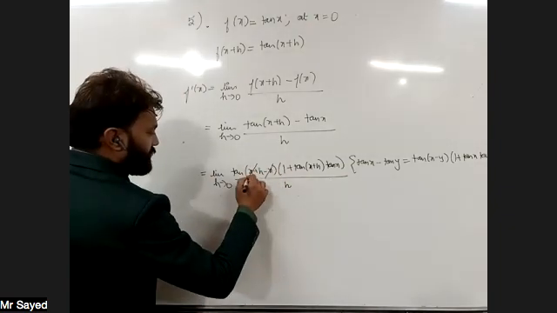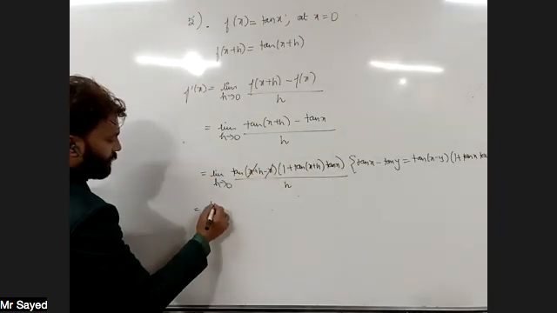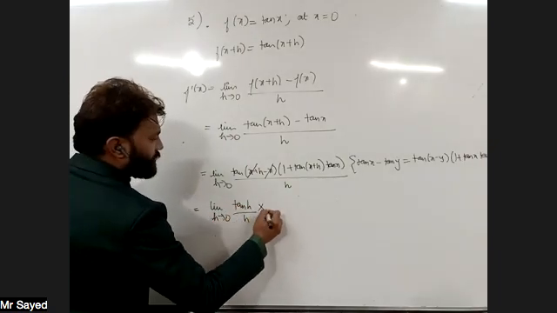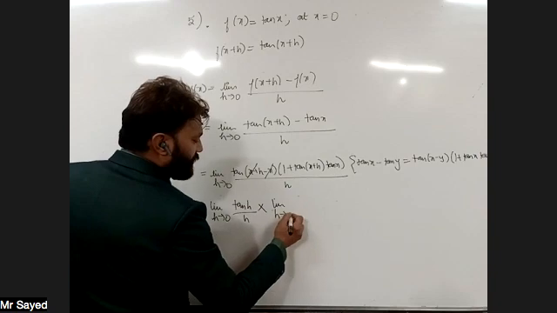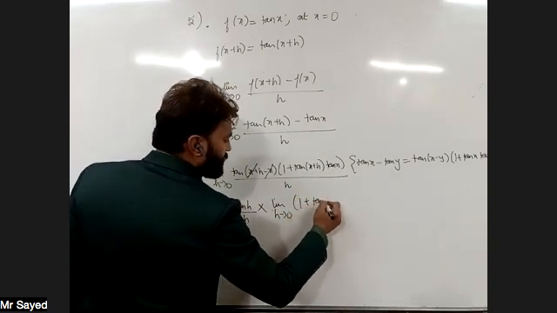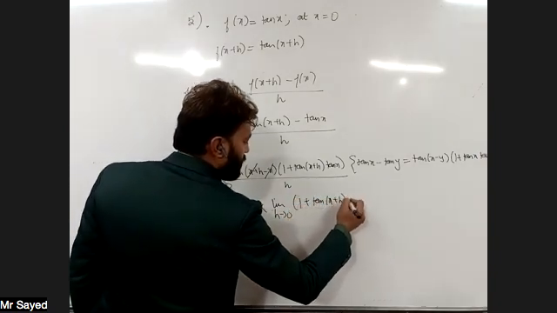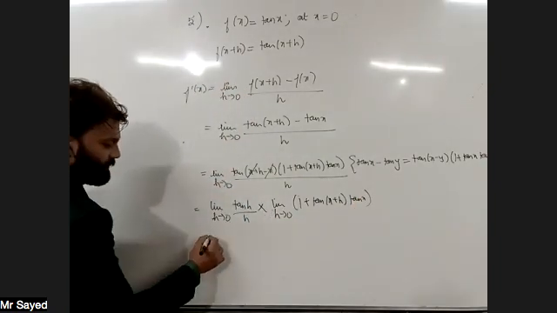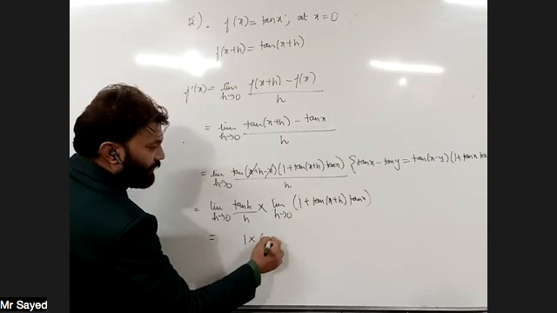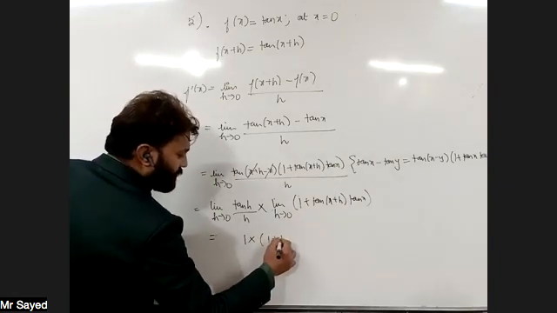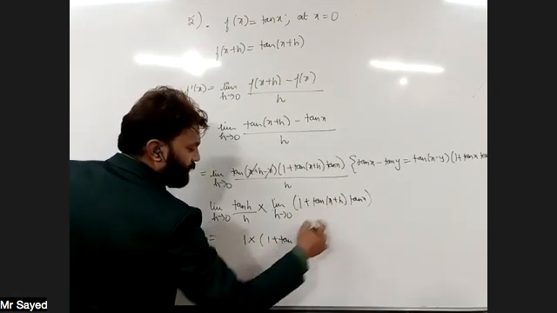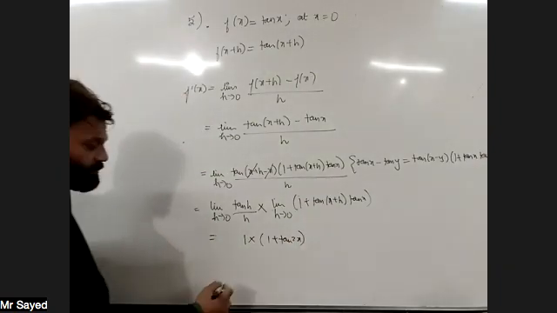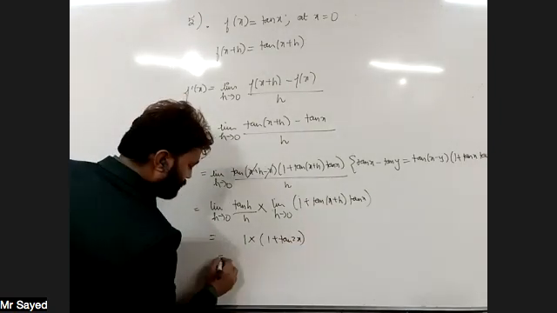Now this x and this x cancelled. Limit h tending to 0, tan h upon h into limit h tending to 0, 1 plus tan of x plus h into tan x. The exact derivation. Now tan h upon h is 1. Here in place of h we will write 0. So 1 plus tan x into tan x, tan square x.